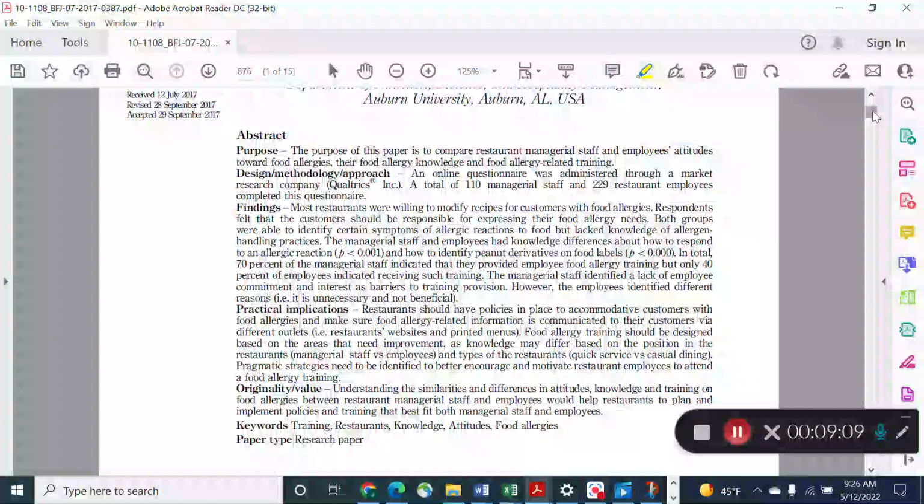But a convenient sample means that I conveniently have this group of people, in a classroom, that I can get information from. Another way of getting a sample is volunteers.